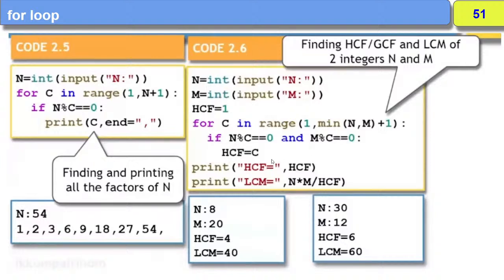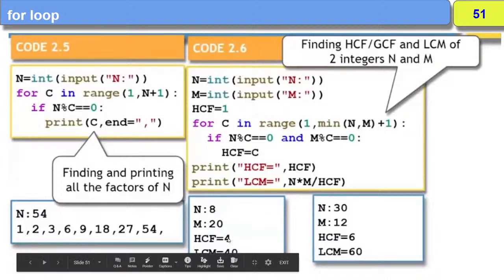So the product of these two numbers divided by the highest common factor will produce the LCM. So see here, this is HCF and here HCF is printed. And how to find the LCM? For LCM, n into m divided by HCF will produce the LCM. So 4 is the integer which can divide both 8 and 20.